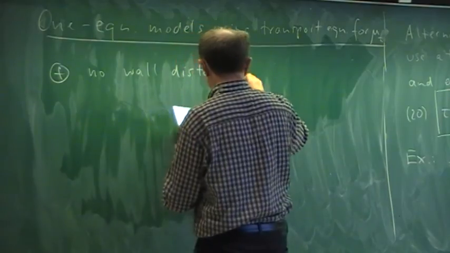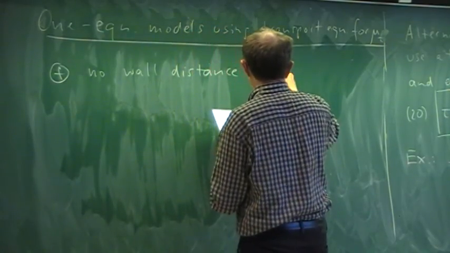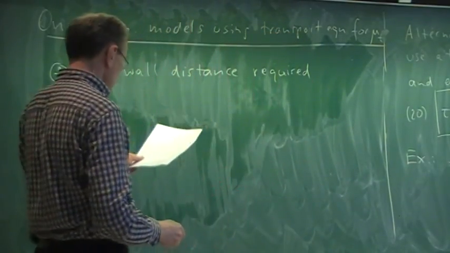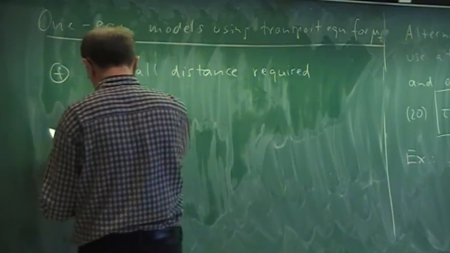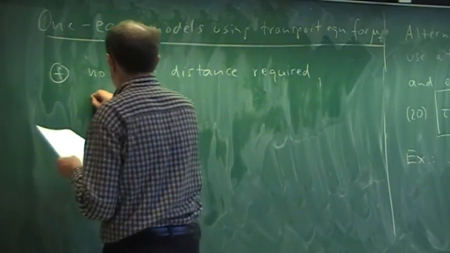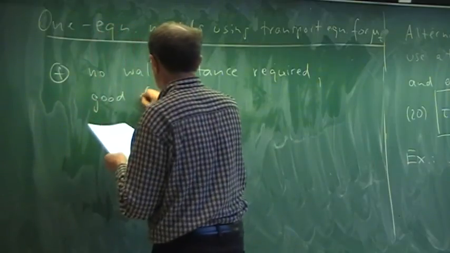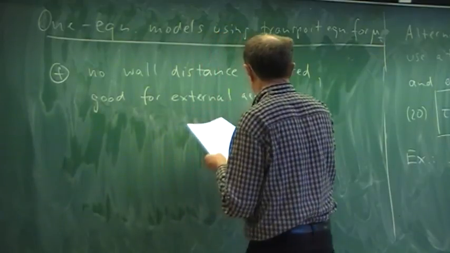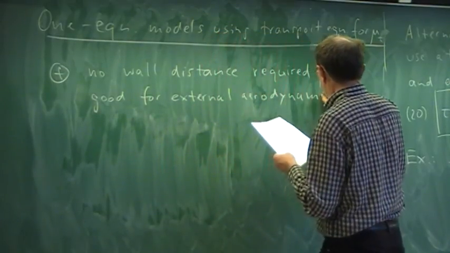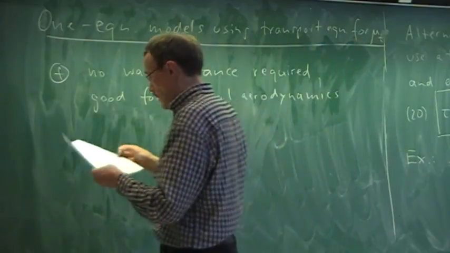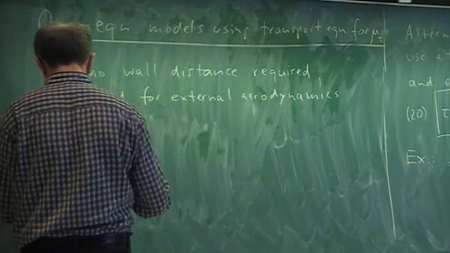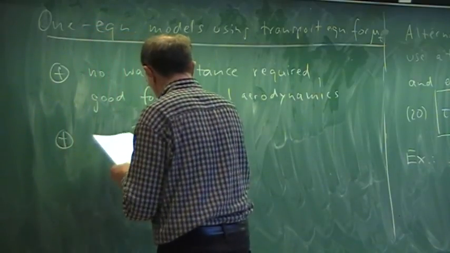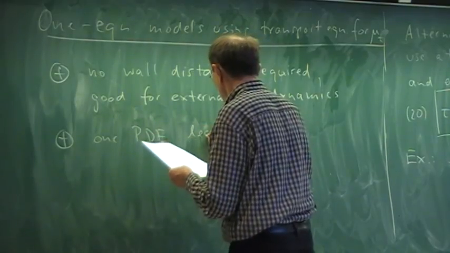That was important when people moved to unstructured finite volume methods, and that is then good for external aerodynamics. And another advantage is it has only one PDE to solve, so that is one PDE less than the k-epsilon turbulence model.